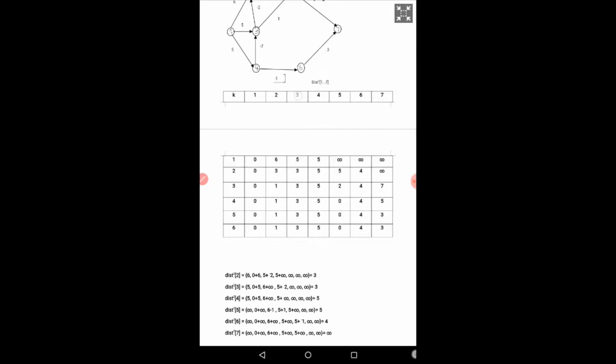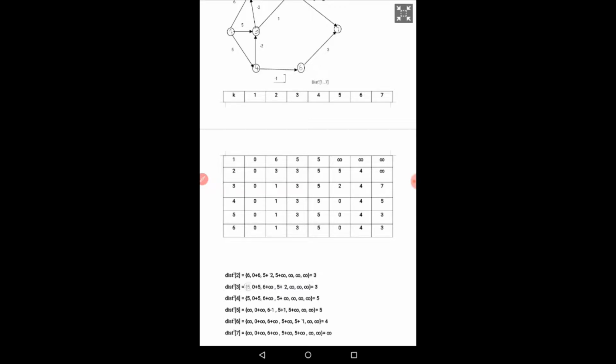Previous value of that third vertex, just before in this cell, that value 5 I have put. Next, now my current vertex is 3. The vertex 3's previous value I have written here. Then from all the remaining vertices, from 1, 2, 4, 5, 6, 7, I also have to write the values over here and find out the minimum.